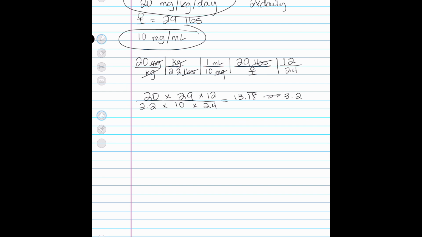Another way that you could think about this is that if it says it's going to be twice a day, you already know that 24 divided by 2 is 12. So the fraction is going to be 12 over 24. Now, what happens if it says 3 times a day? Well, 3 times a day is going to be every 8 hours.